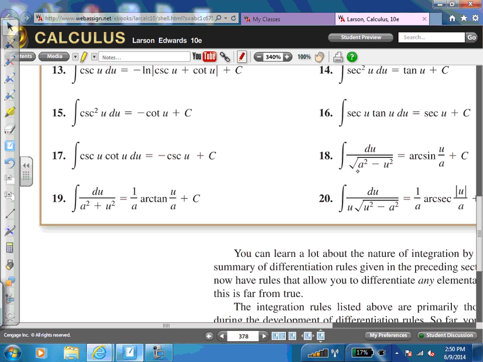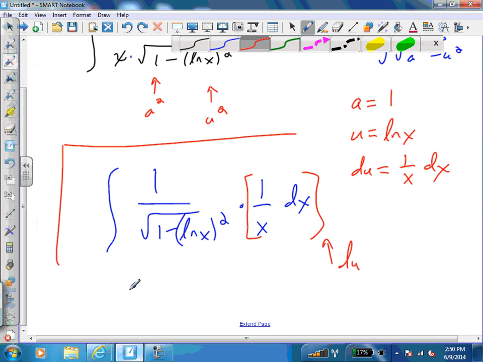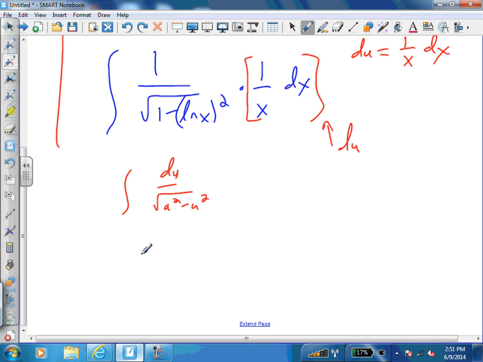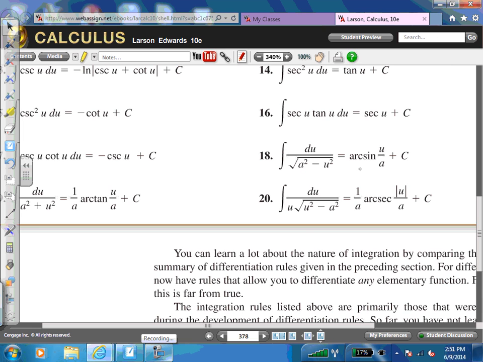Du over the square root of a squared minus u squared, which integrates into, what was that, arc sine u over a plus c. Yeah, arc sine u over a plus c.